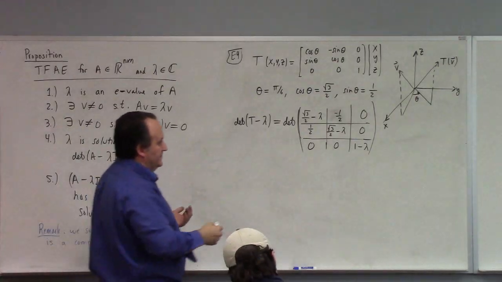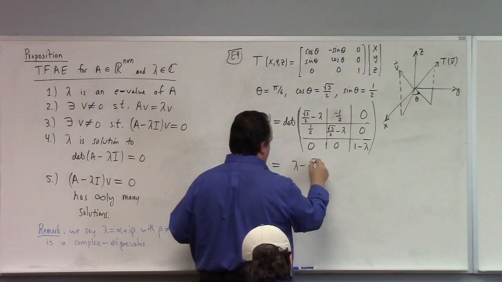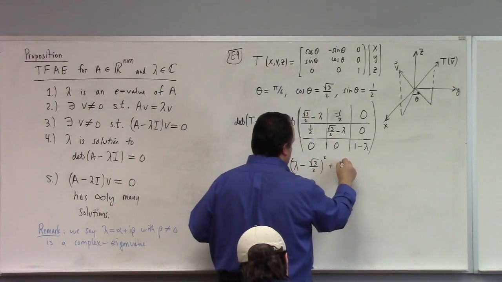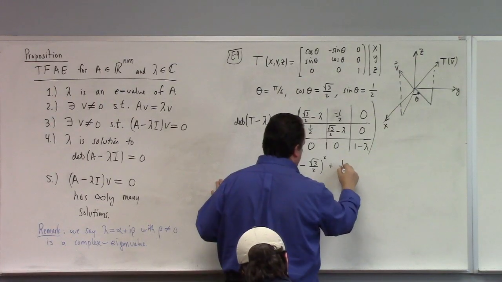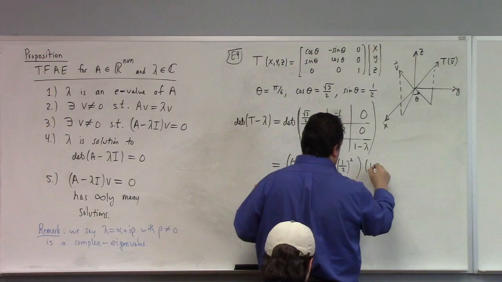So, okay, great. This gives us lambda minus root 3 over 2, quantity squared, plus 1/2 squared, all times 1 minus lambda.